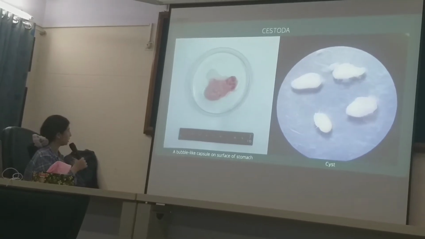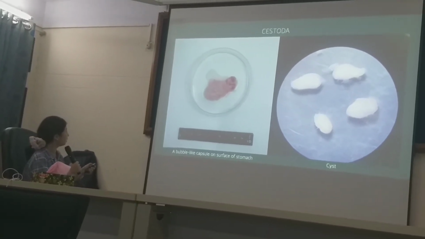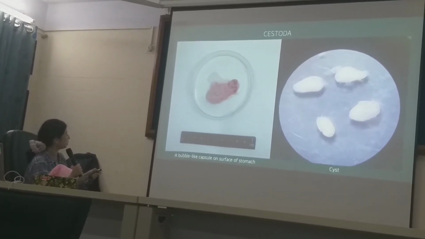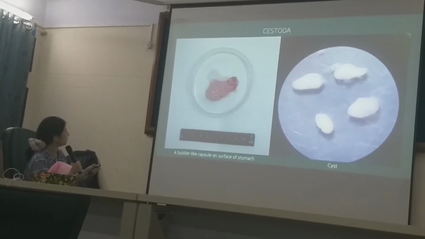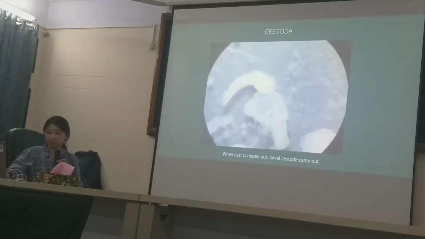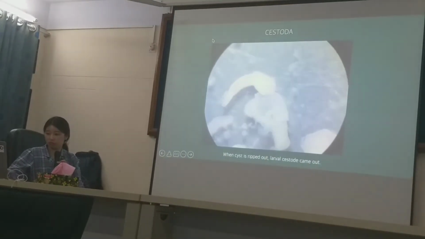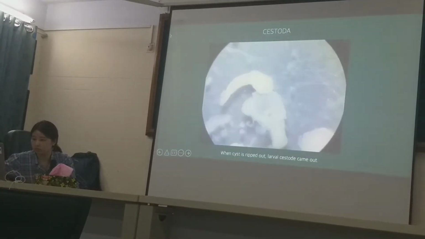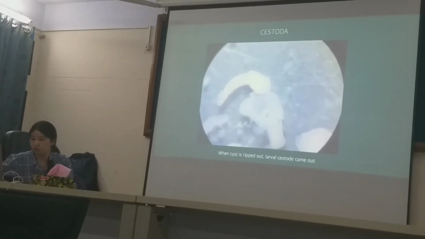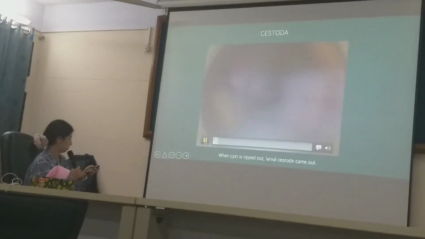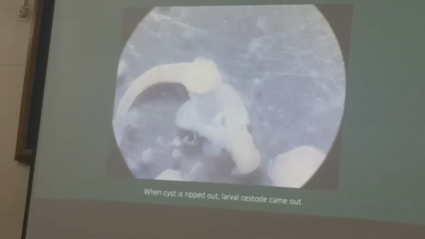And this is another cestode. You can see outside of the stomach something like a bubble or capsule. So I took this cyst like this. When the cyst is opened, the larval cestode comes out.